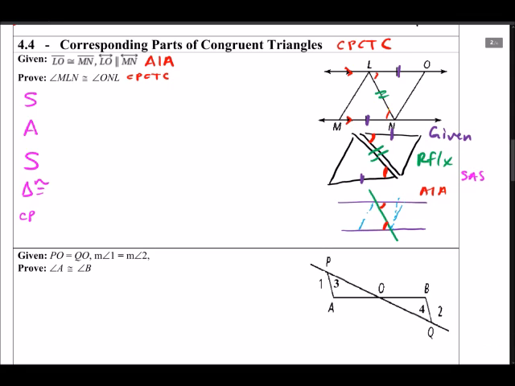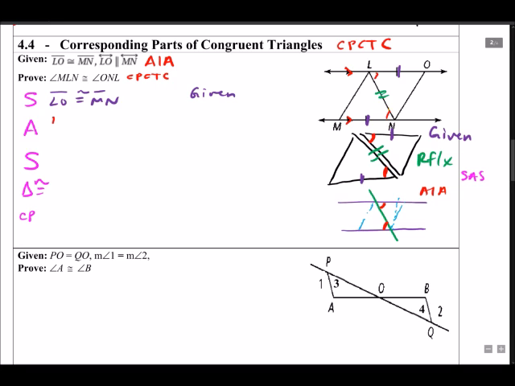So let's go through and see, where did we get our first side? Well, we can just use our given one. That was LO is congruent to segment MN, and that was given to us. And then angle, where do we get our angle? All right, this is going to take a couple of steps here.